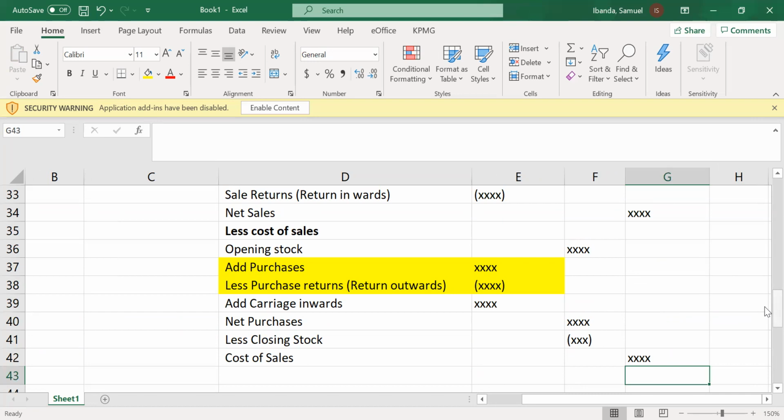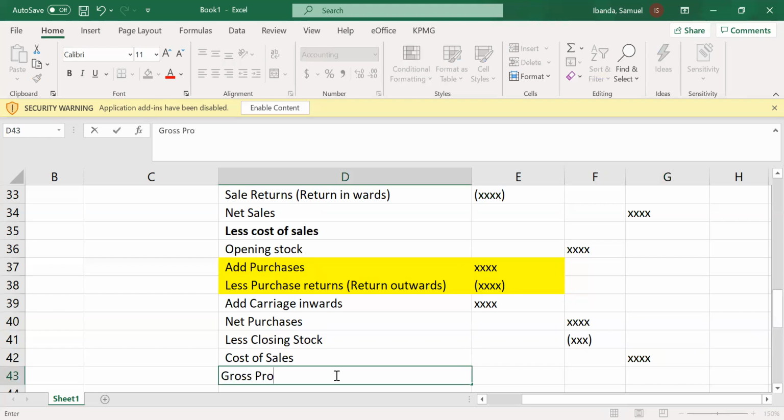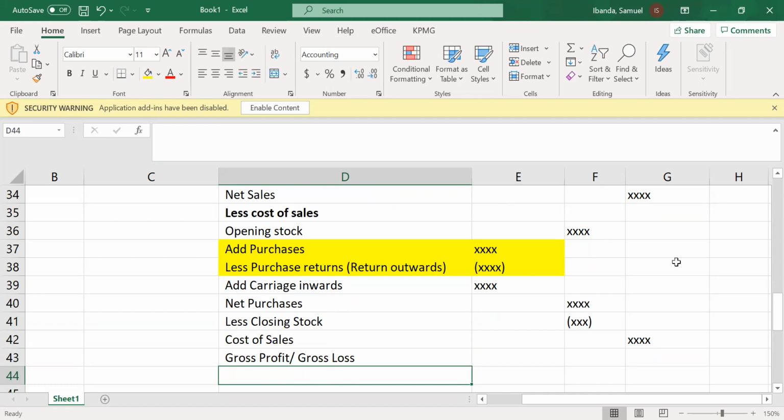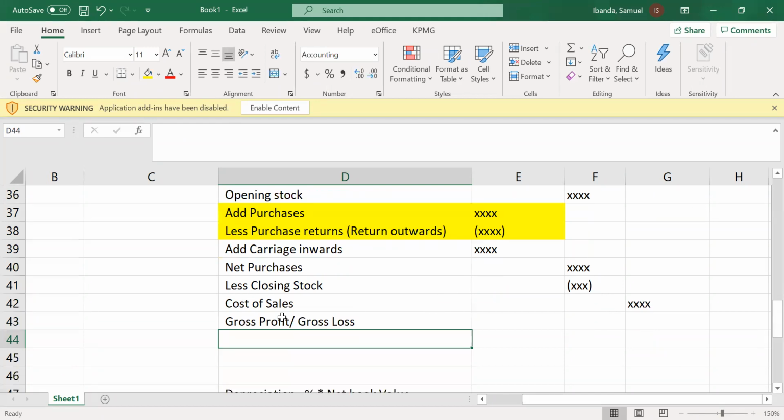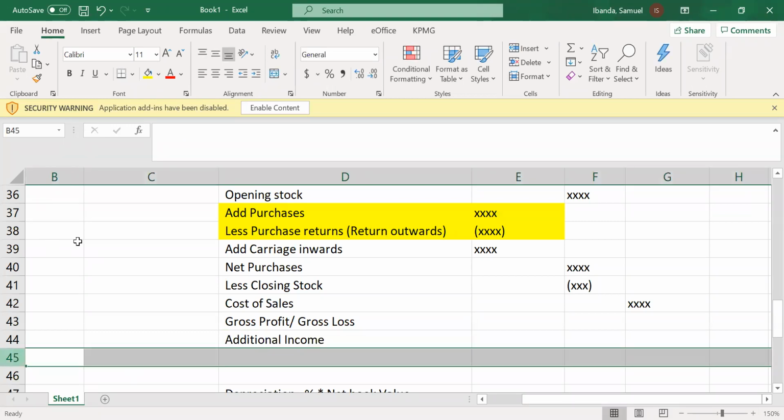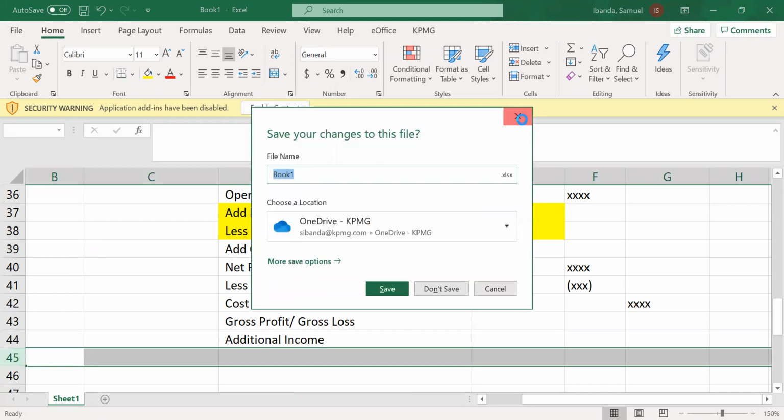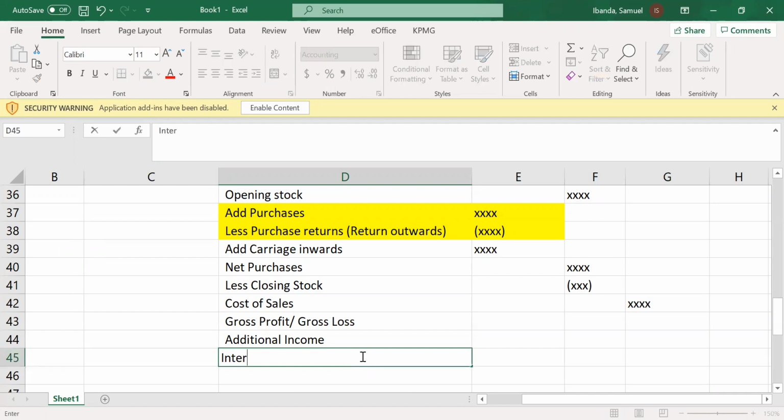Now, when you get your net sales and remove cost of sales, you then come to your gross profit or gross loss, depending on which one is higher than the other. Then from there, you have your additional income in case you have any. And some of the additional income we could have, as we have seen before, is interest income.